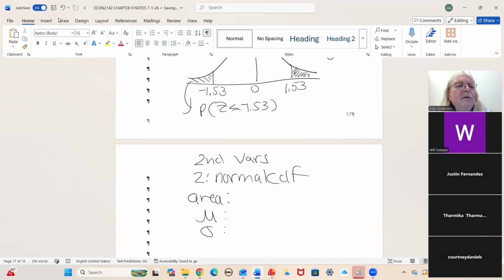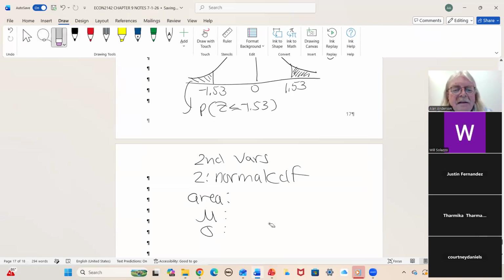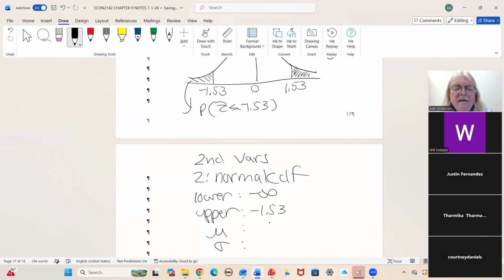That's why I've got the wrong one there. Sorry. It's lower, upper, and sigma. So the left tail goes down to negative infinity.